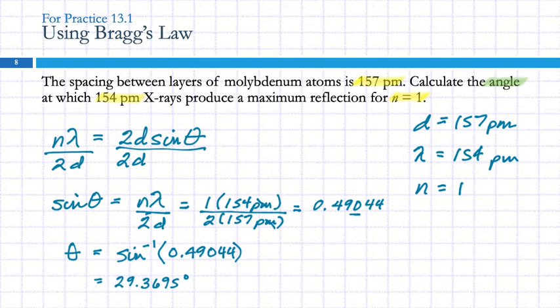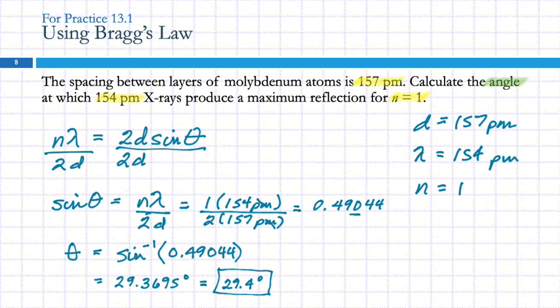I have no idea what the sig fig rules are for sine. Let's just go with 3, since that's what we started with. So let's just call this 29.4 degrees. So for this particular substance, an angle of 29.4 is going to give you maximum interference.